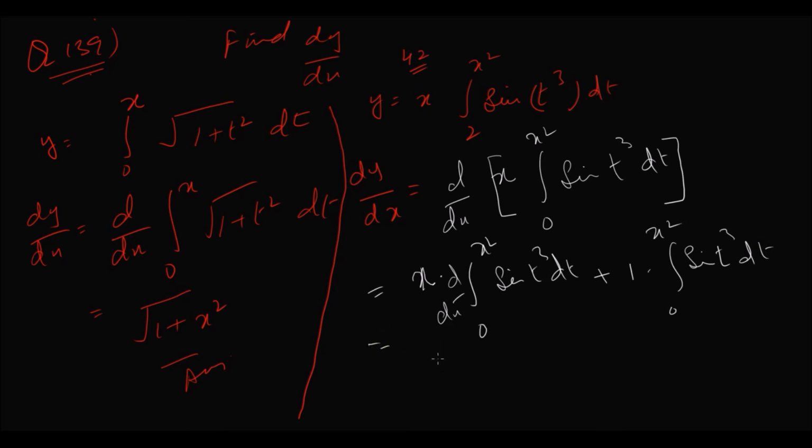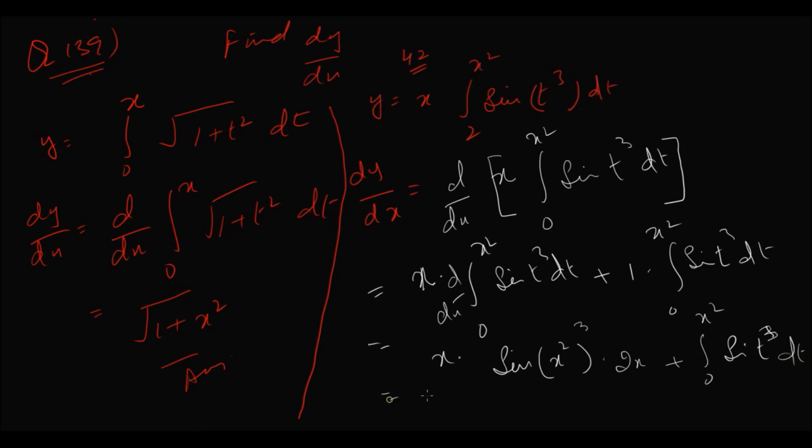So let's simplify it. So x into the derivative of this integral is sine of x square cubed into the derivative of x square, which is 2x, plus the integral from 0 to x square of sine t cube dt.